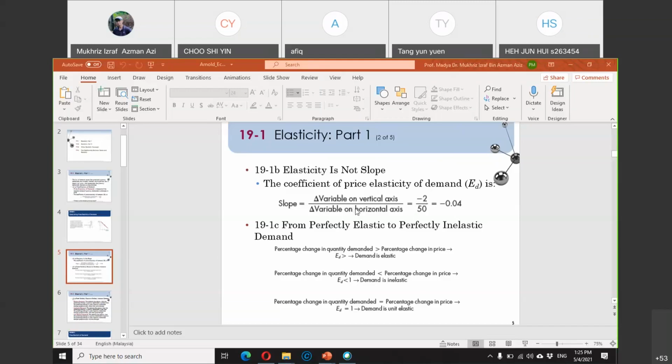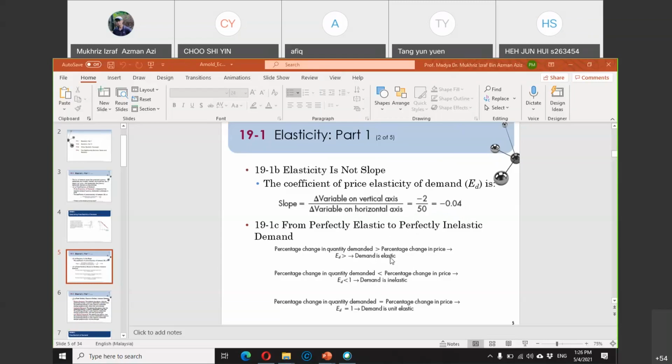So once you calculate the elasticity of demand, whatever value you get, focus on the absolute value. If the value is more than 1, let's say negative 2.1, it means the value you get is 2.1, not the negative sign. So if more than 1, we call the demand elastic.